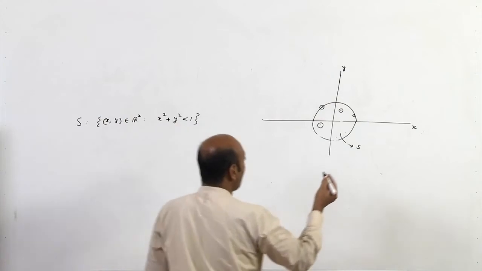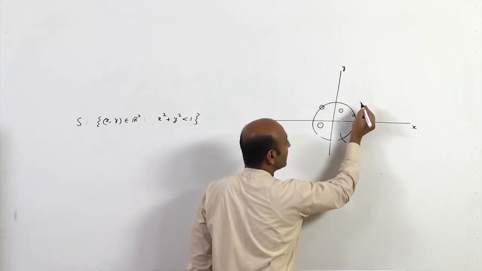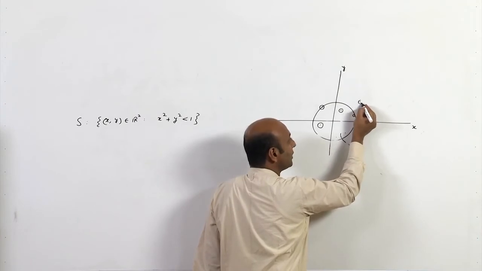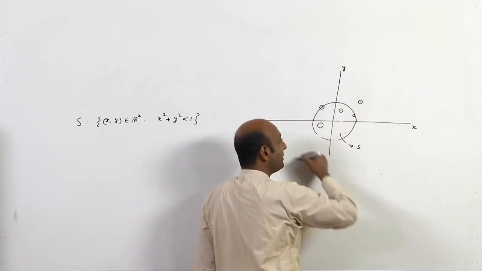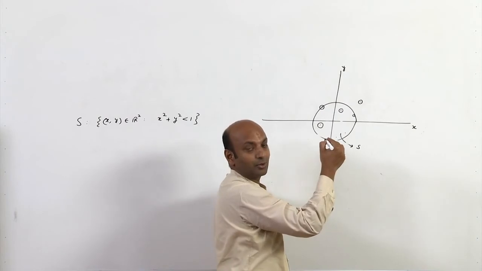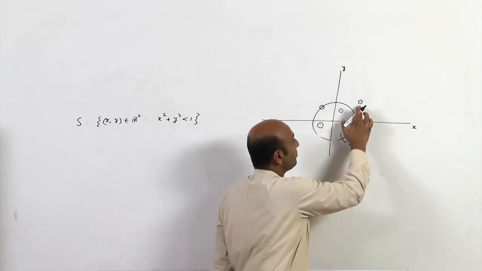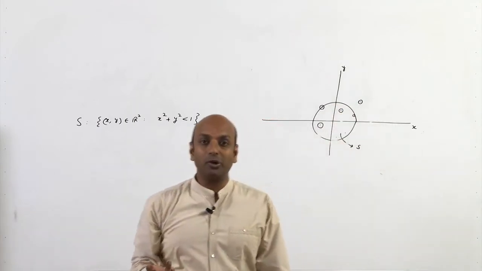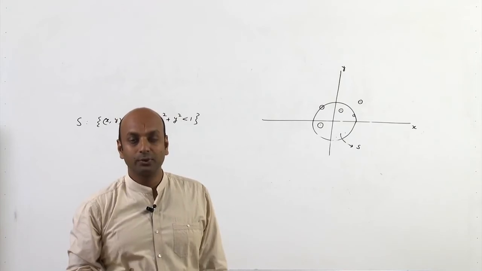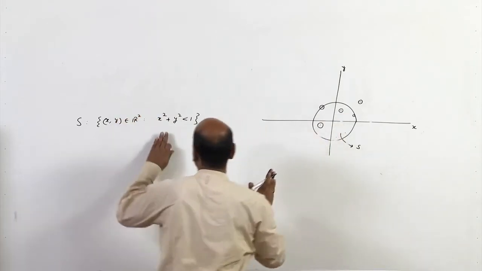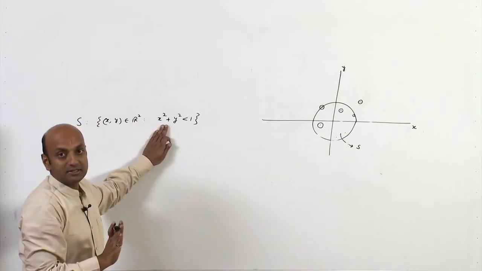If you take a point outside S, say here, and you draw any disk centered at this point, maybe a larger disk, the disk will never be contained totally inside this region. So, this point again is not an interior point. All those points which lie inside this region S are the interior points.